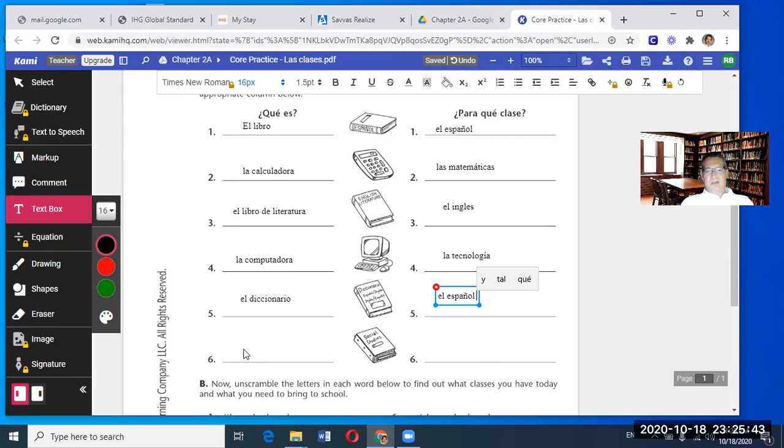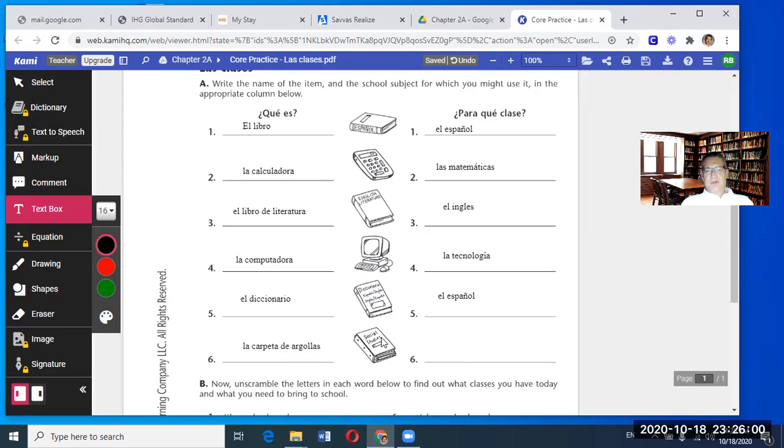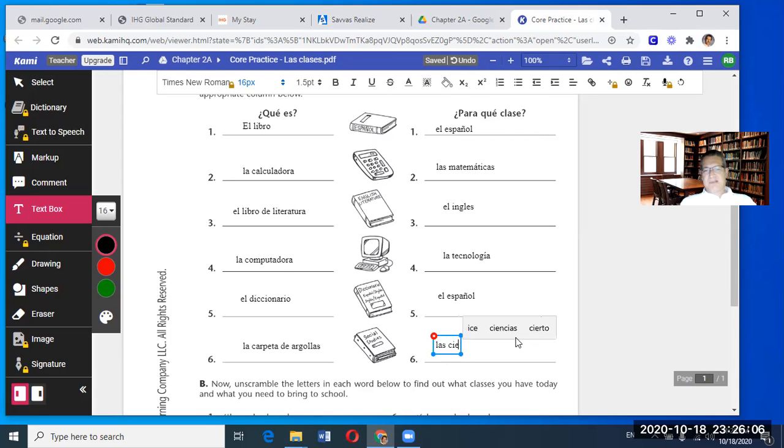So, la carpeta de anillos. La carpeta de anillos. De argollas, ring folder. For social studies, which is ciencias sociales. Las ciencias sociales.